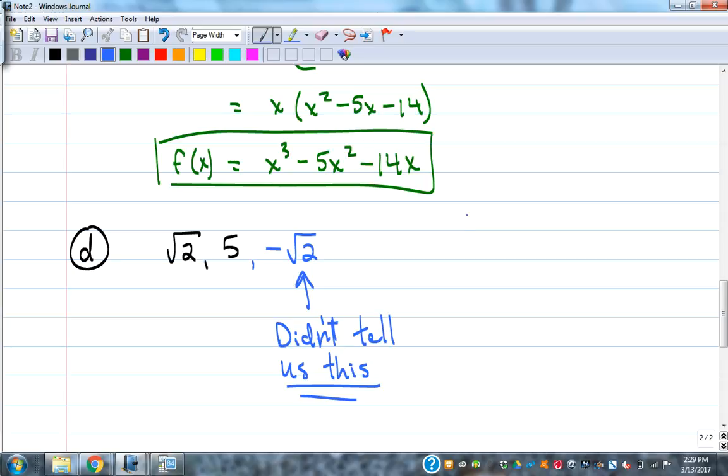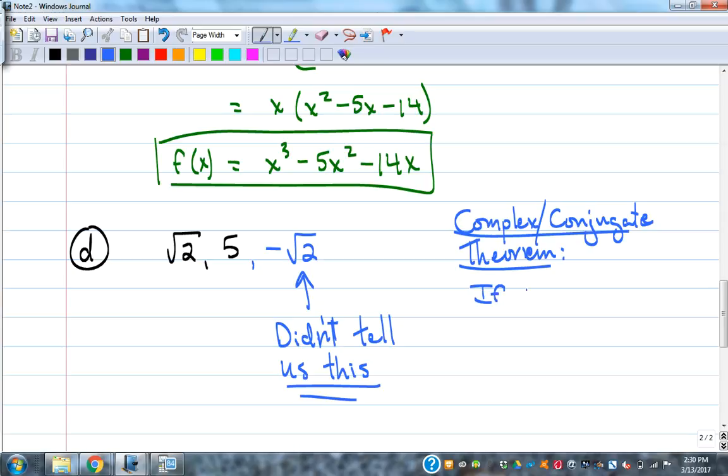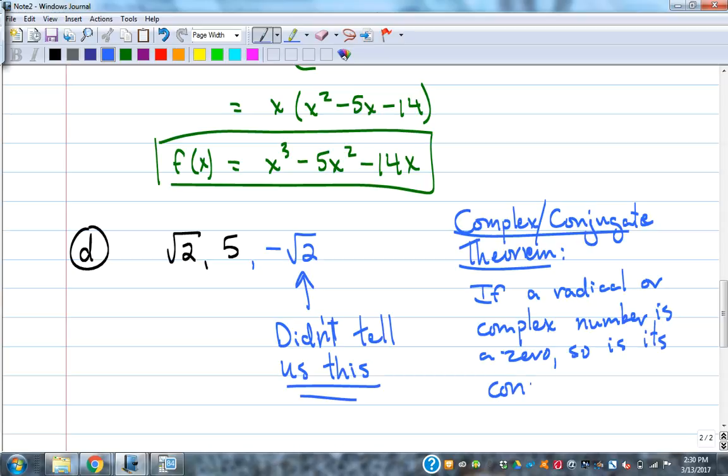What that's called is the complex conjugate theorem. That's the name of the theorem that tells us this. If a radical or complex number is a 0, so is its conjugate.